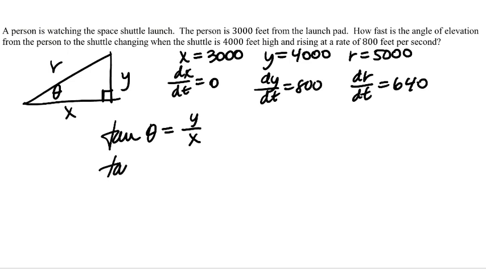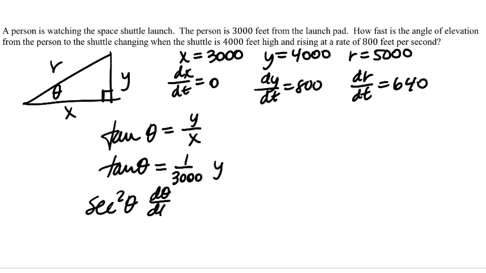I'm going to say tangent theta is equal to y divided by 3,000, or 1/3000th of y. Yes, I like this. Okay, now I'm going to take the derivative of both sides. What's the derivative of tangent? Secant squared. Good. Secant squared theta d theta dt is 1/3000th of dy dt.